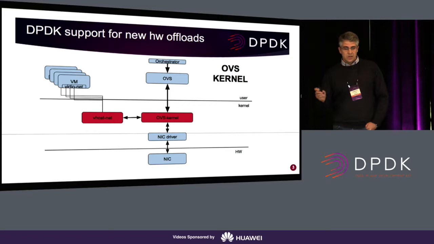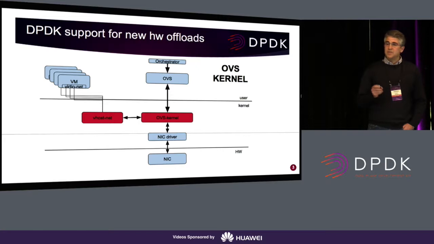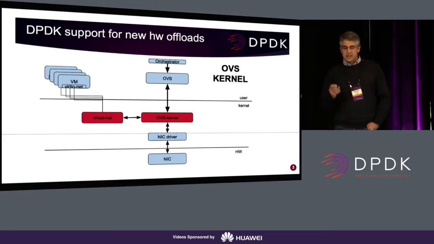Most of the people here, I think, know about OVS, the reasons for using OVS in virtualization, and also which is the main problem with OVS kernel. And this is because of the limitations in the kernel forwarding performance.